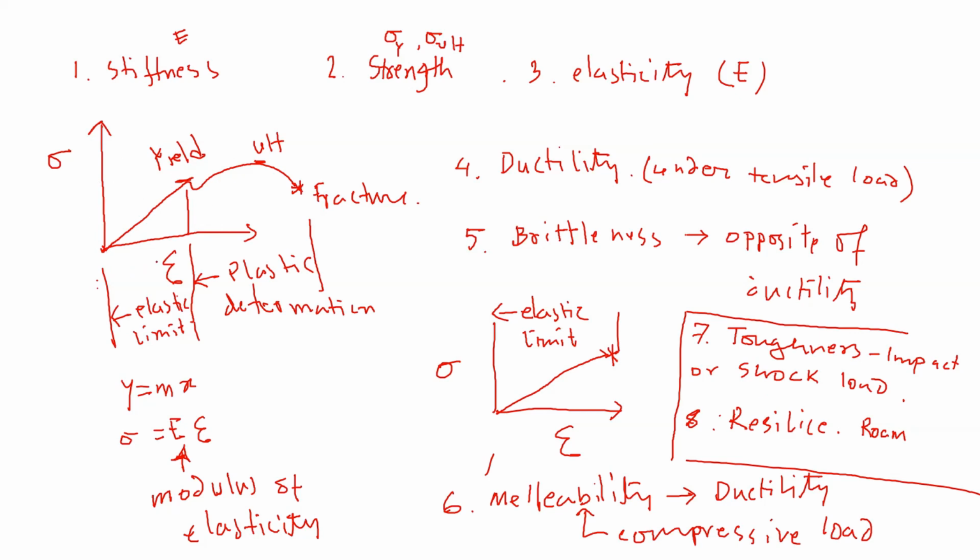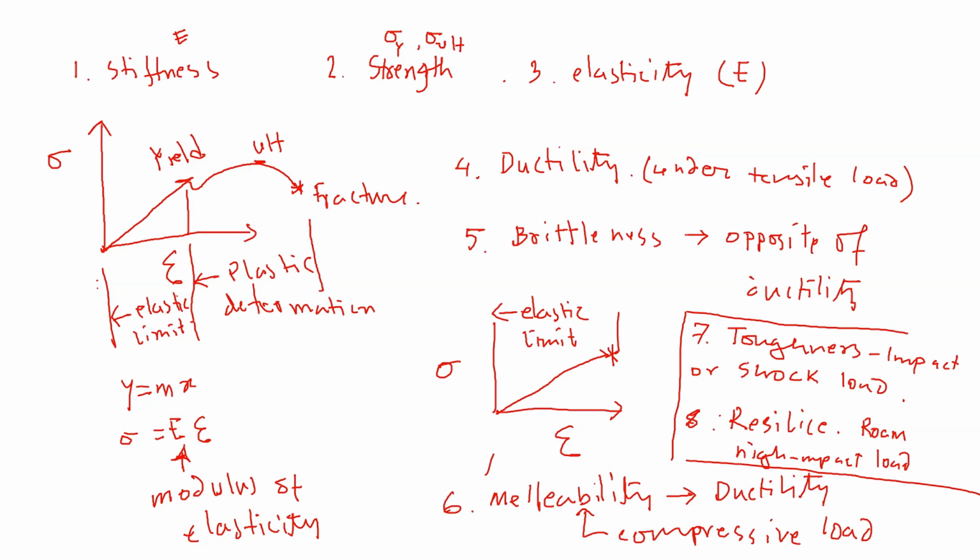So you can beat it up, it will keep taking loads without passing over the yield point. So the ability to take high impact load without going over the elastic limit. So high impact load without going past the yield point.